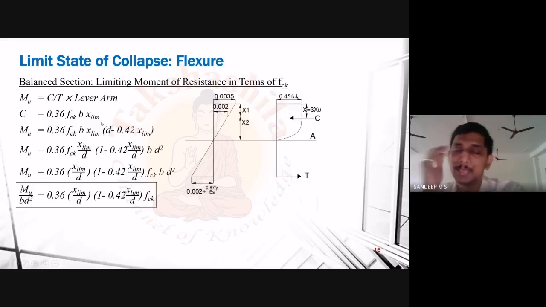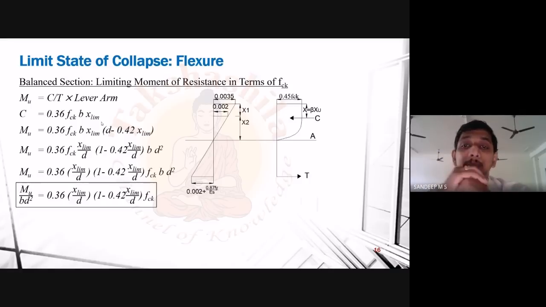But if you remember, when we defined the balanced section, we specifically told that the percentage of steel in this section is called the critical percentage of steel, and also this neutral axis is the limiting neutral axis. Because if this neutral axis is reduced, say suppose the x limit is around 200 and this neutral axis is going to be 180, what will happen to the section?